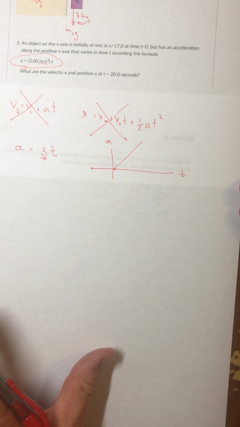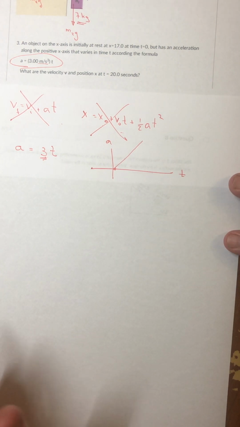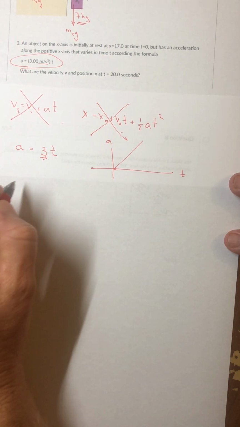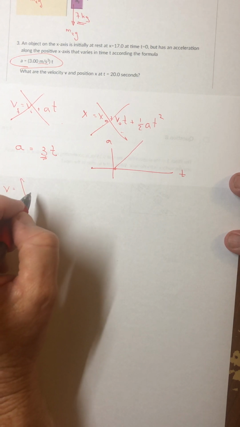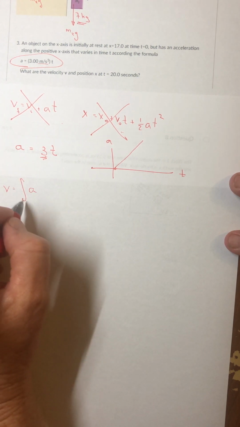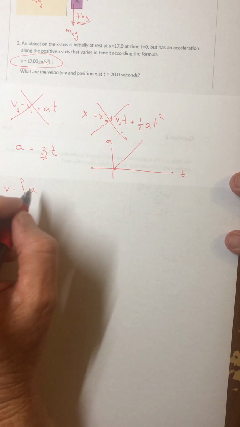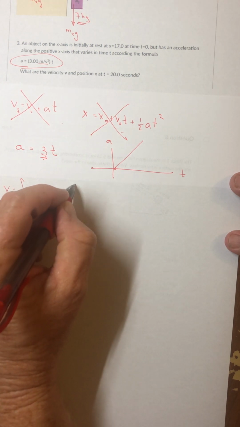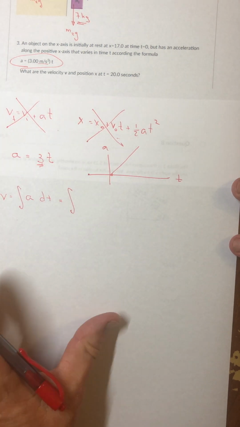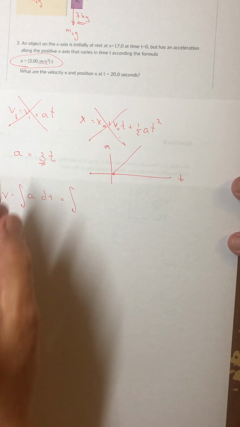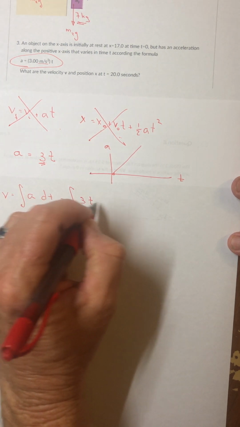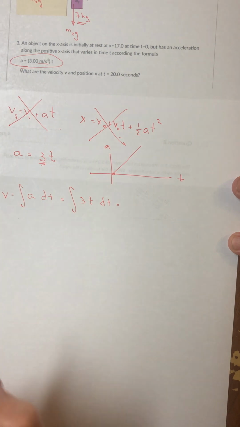All right. So with that in mind, we have to recognize that the velocity would be equal to the integral of the acceleration. So in our case, the acceleration is 3t dt.